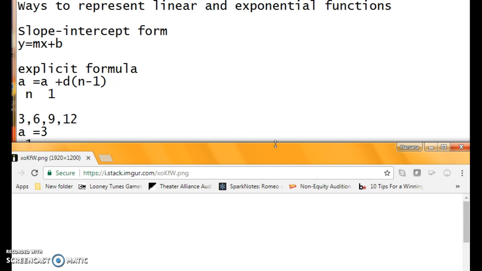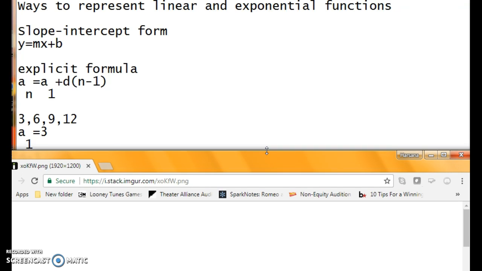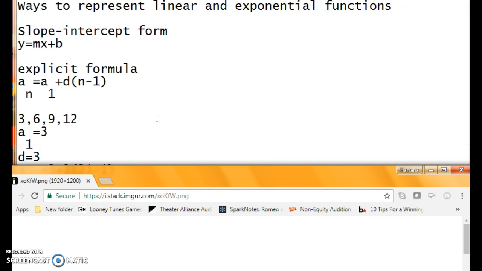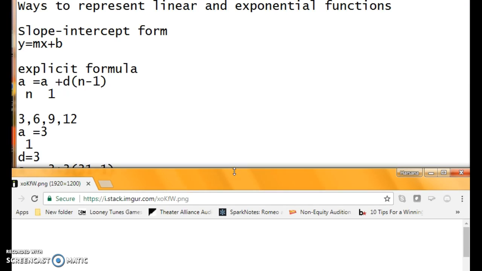So, we know that a sub 1 equals 3 because a sub 1 is the first number in the whole sequence, hence the name 1. d, however, would be 3 because d is a common difference, or how much it's adding or subtracting, such as plus 3 or minus 7. So it would be 3 plus 3 equals 6, 6 plus 3 equals 9, 9 plus 3 equals 12. So, every time it's adding 3. So d would be 3.